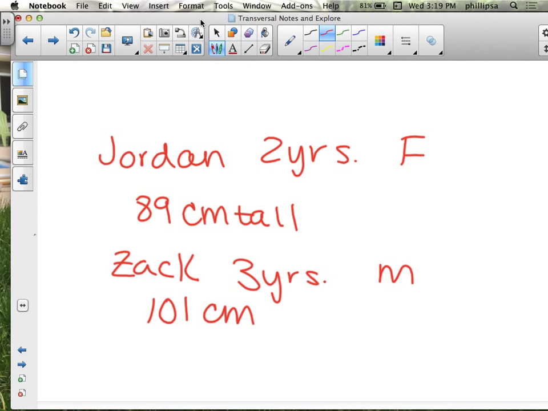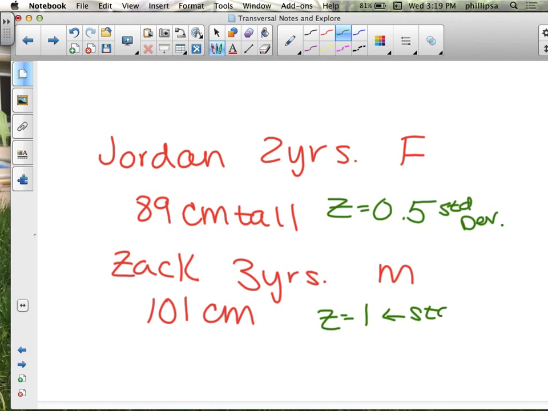But if I compared z-scores, then I would be able to do it. So if I told you, and I'm just making this up, that Jordan's z-score for 89 centimeters tall was about 0.5 standard deviations, okay? And I told you that Zach's was, let's say, 1 standard deviation above the mean.